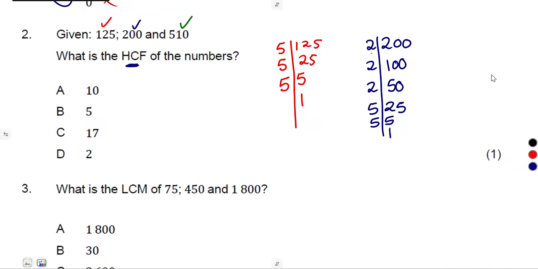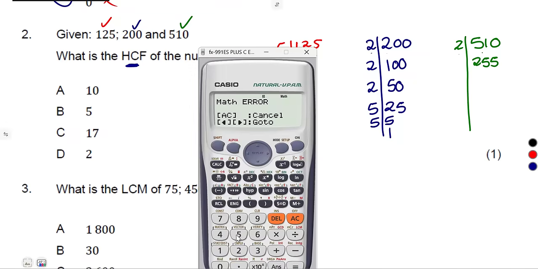All right, 510. We do the same thing. There is a 0 at the end, so definitely we can try 2 there, the smallest number. 510 divided by 2 is 255. Guys, you can even use your calculator here. 510 divided by 2 is 255.